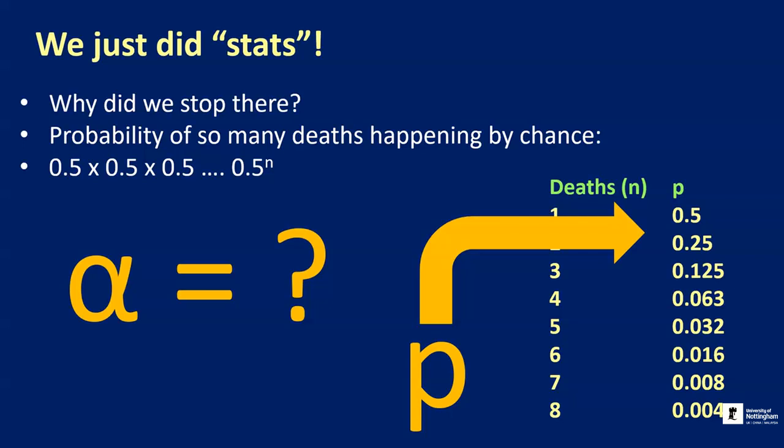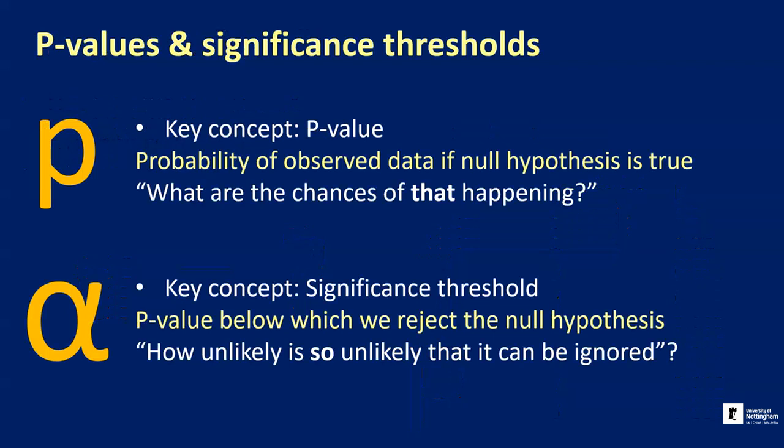If the p-value doesn't drop below alpha, we conclude that there isn't enough evidence to reject the null hypothesis, and there isn't any evidence supporting the alternative hypothesis. That's how we do stats tests. So we were doing all of this in our minds without any need for this jargon and Greek letters like alpha, but actually it helps if we formalize it in those ways in order to understand more complex situations.